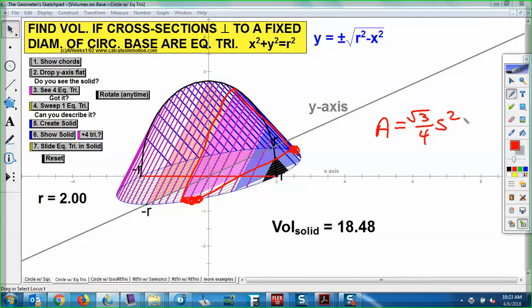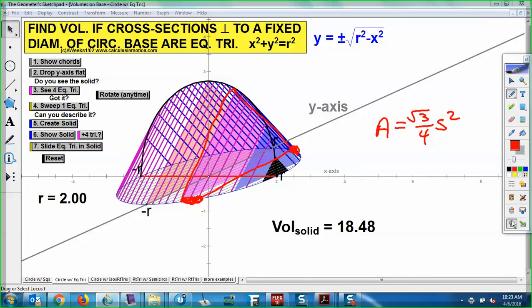That's real easy to figure out. It's a 30-60 triangle. Drop an altitude in there. It's got 60-degree corners. One half s times square root of 3 over 2 s is your base times your height. Well, s is your base. Square root of 3 over 2 s, because it's crossing the 60-degree angle, is your height, and then times 1/2. You get square root of 3 over 4 times s squared.